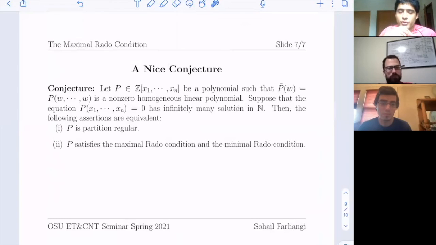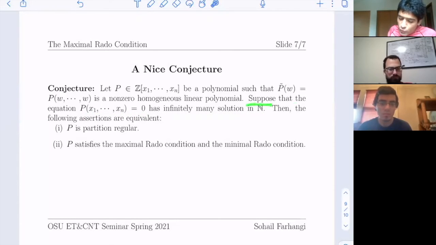And then they concluded with this conjecture that if we have a polynomial such that p tilde is a non-zero homogeneous linear polynomial, then, excuse me, I was thinking the wrong thing.